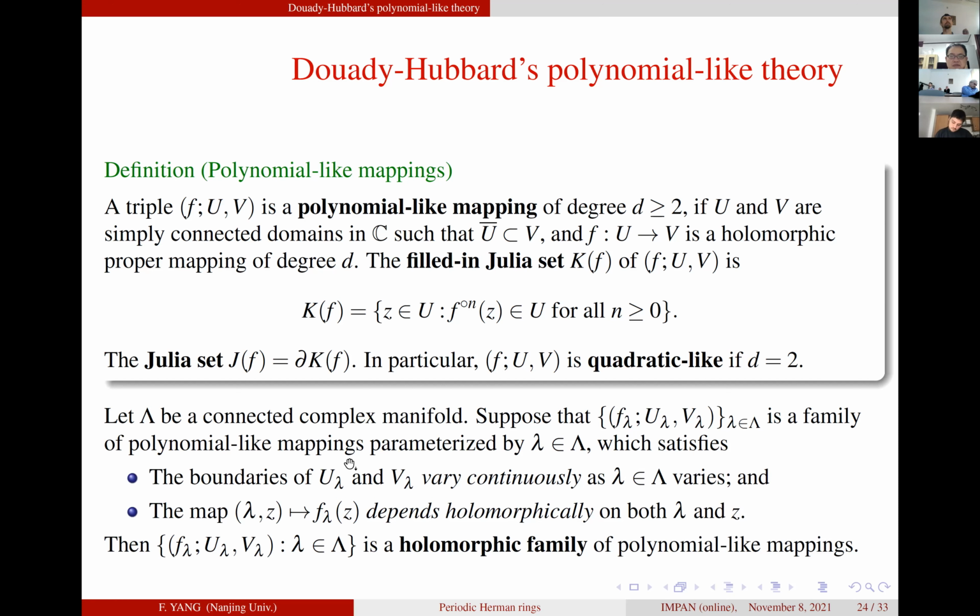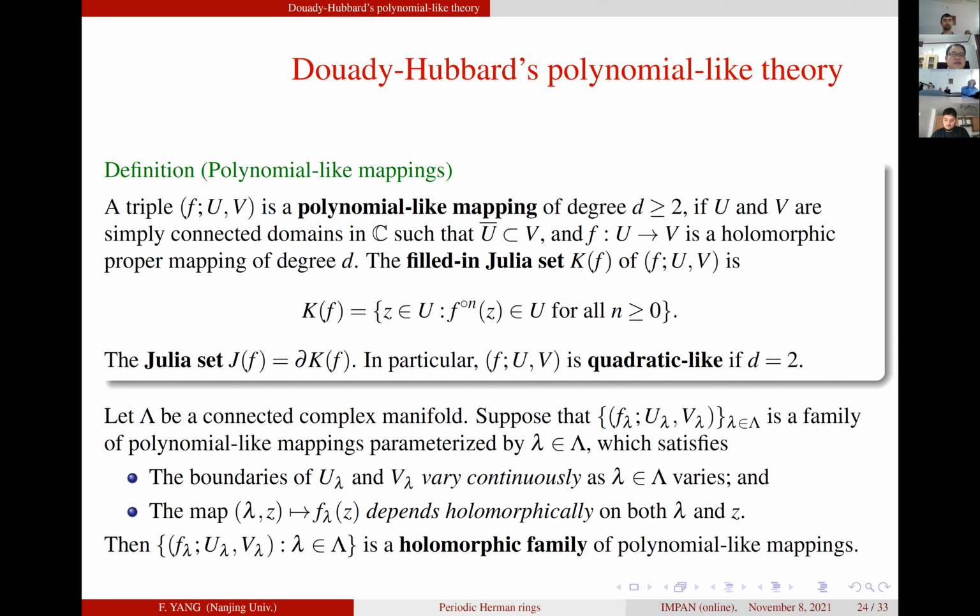It is called a family of polynomial-like mappings if the boundaries of U_lambda and V_lambda vary continuously as lambda varies, and the map (lambda, g) to f_lambda(g) depends holomorphically on both lambda and g. If it satisfies these two conditions, then this family is called a holomorphic family of polynomial-like mappings.